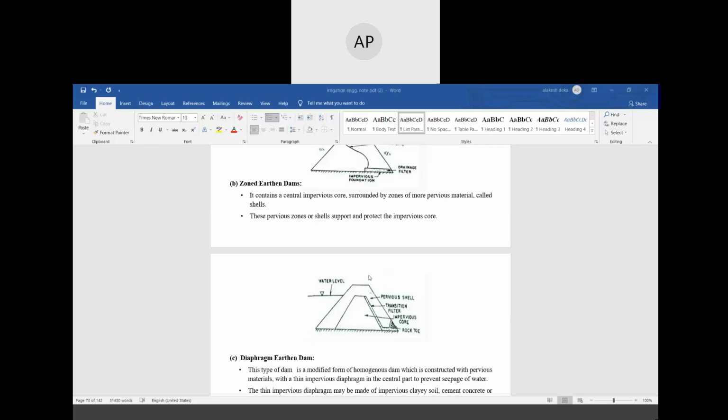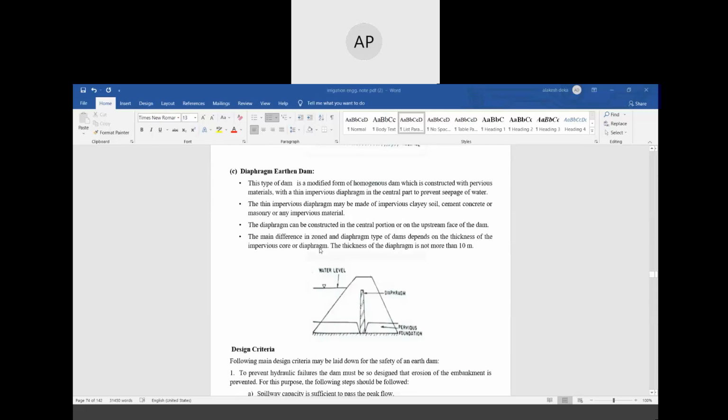Next is diaphragm earthen dams. This type of dam is a modified form of the homogeneous earth dam, which is constructed with pervious material with a layer of impervious diaphragm in the central part to prevent the seepage of water. The thin impervious diaphragm may be made up of impervious clay soil, cement concrete, masonry or any other impervious material.